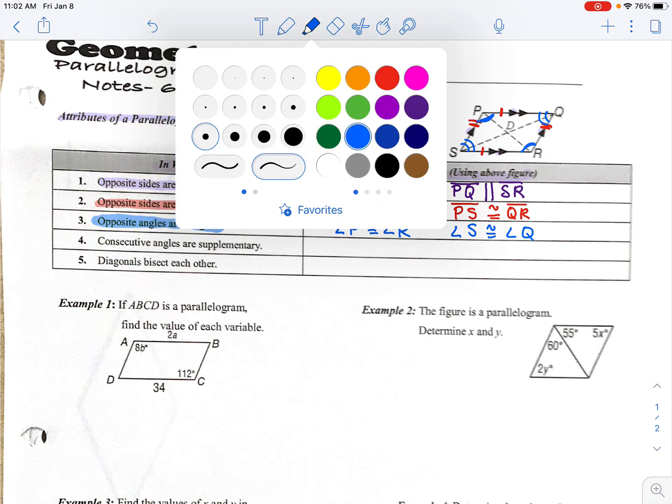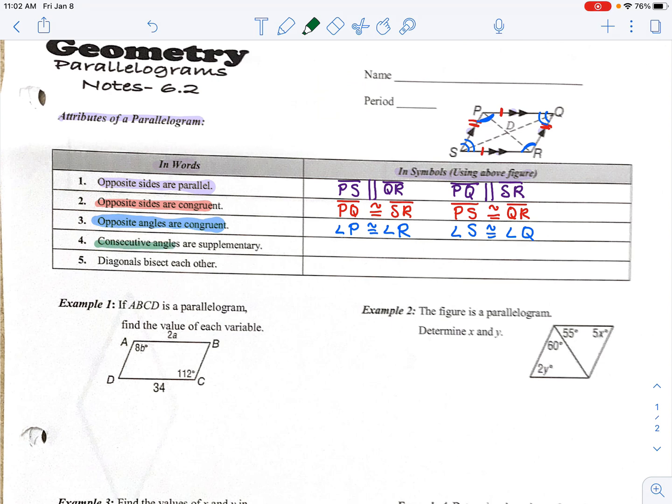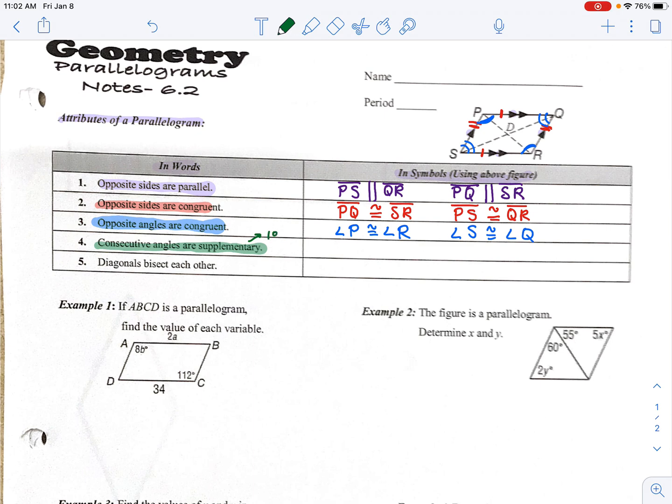The next one has a little vocab word that we need to talk about. It says consecutive angles are supplementary. We've seen this word supplementary before this year. Supplementary means they add up to 180. Consecutive means they're next to each other. So, for example, angle P and S are next to each other, so they would add to 180.